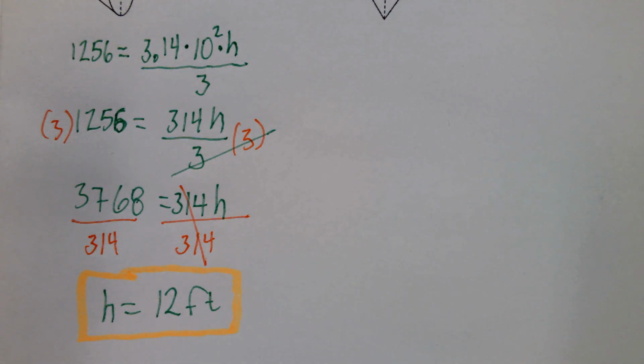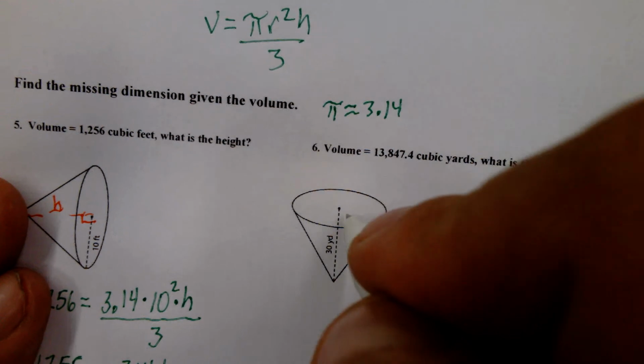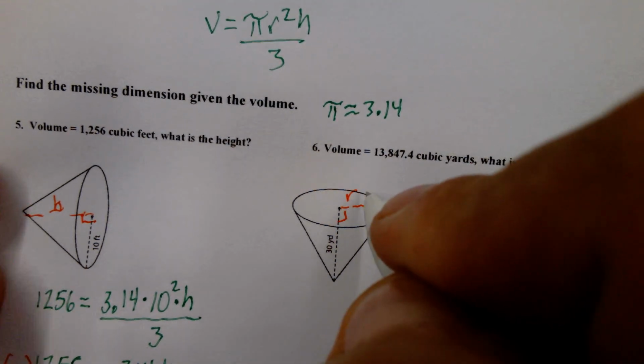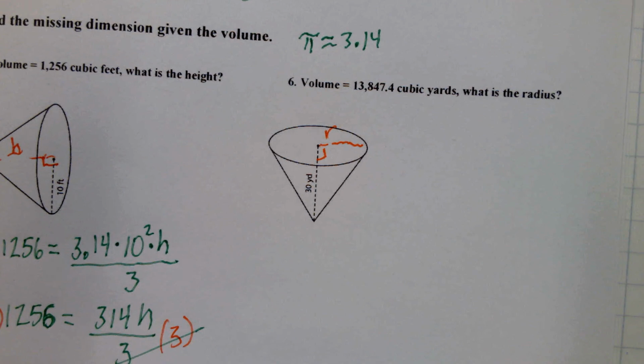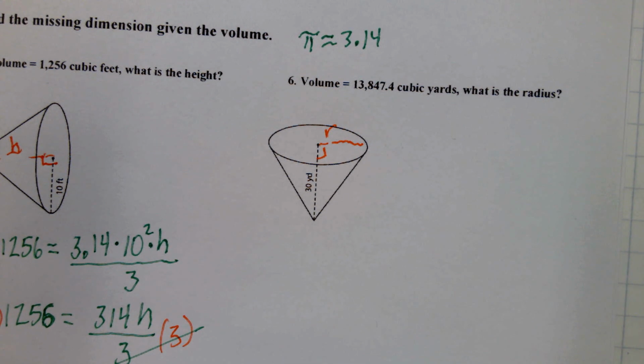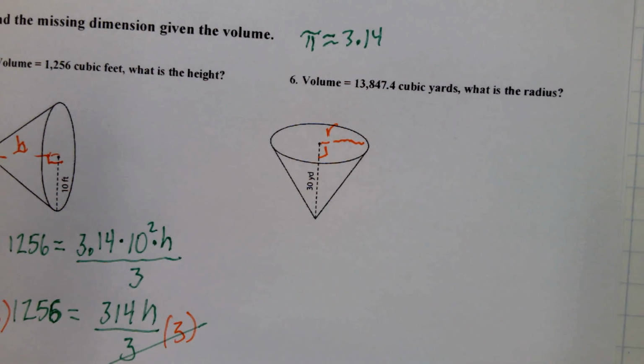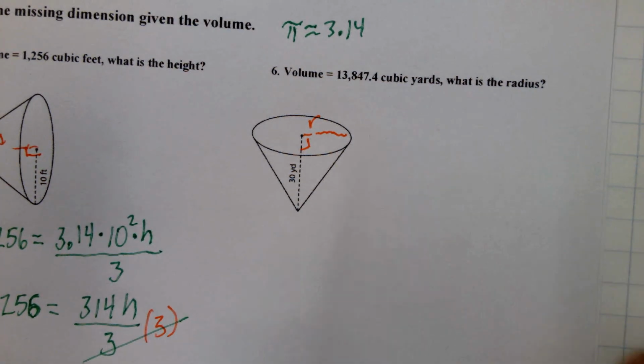Let's do the next one. So for the next one, we're finding the radius. So we'll leave it as r. So let's replace the values in the formula with what we know.